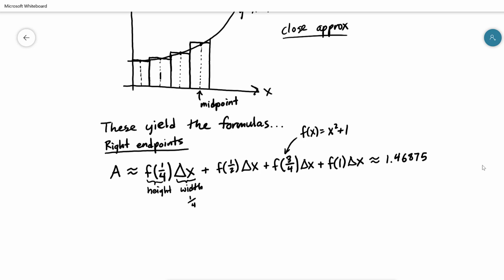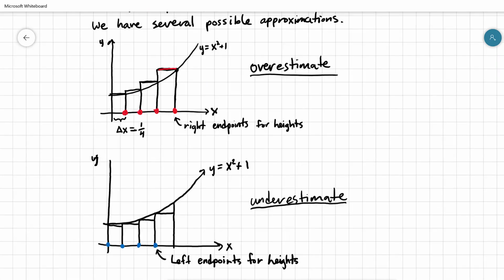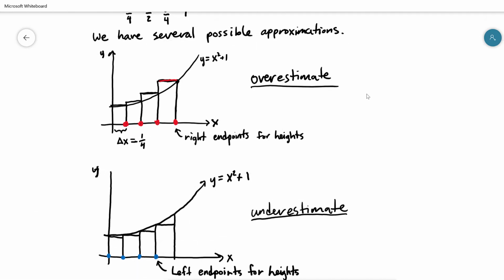This is the one that we said we thought, looking at the picture, was going to give us an overestimate. Right? That's the picture. Here's the 4 points that we used: 1/4, 1/2, 3/4, and 1. And we just found the height of the function at each of those points and used those for the heights of these 4 respective rectangles.